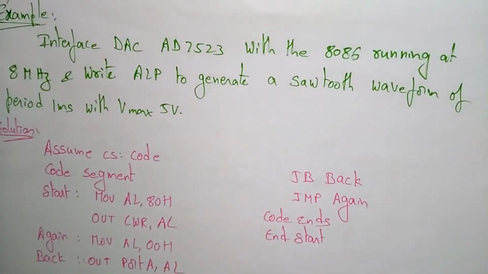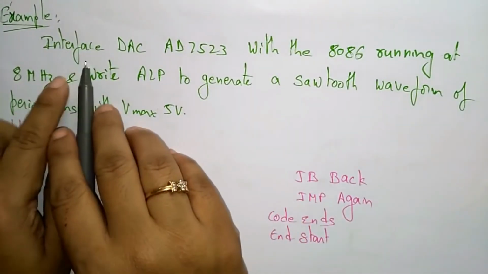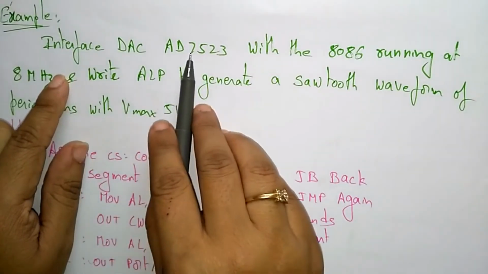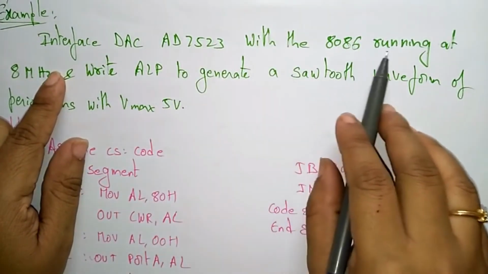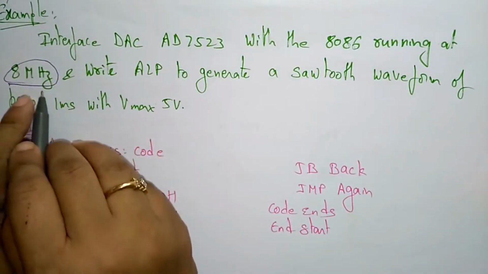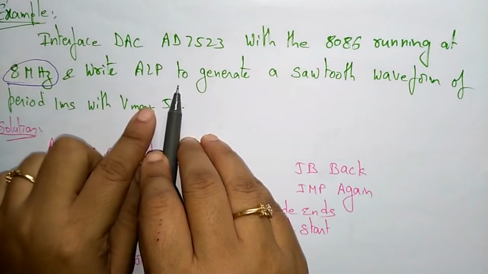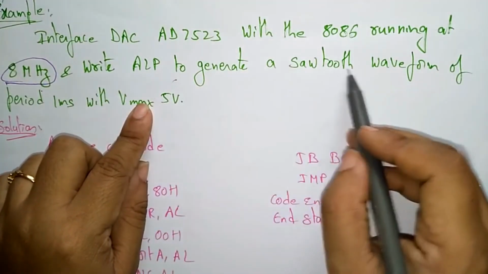Now let us see the example for the interfacing of DAC AD7523 with 8086 running at 8 megahertz. We have to write an ALP, assembly language program, to generate a sawtooth waveform.